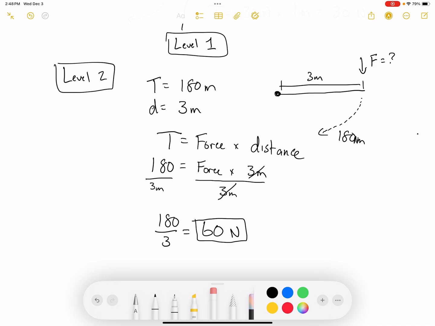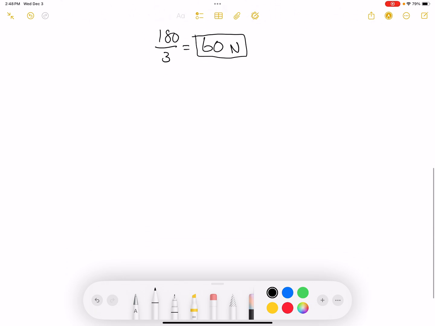This equation right here will get you through the level 1 and level 2 problems. So it's not terribly complicated, but you do have to be able to do a little bit of math with it. Now, when we introduced level 3 problems, we also introduced the idea of equilibrium.